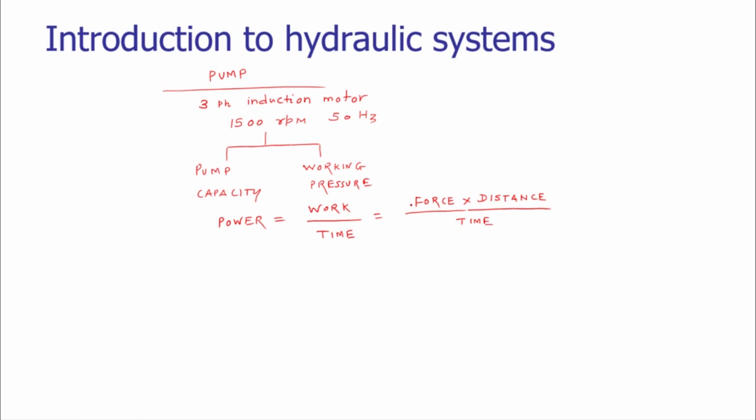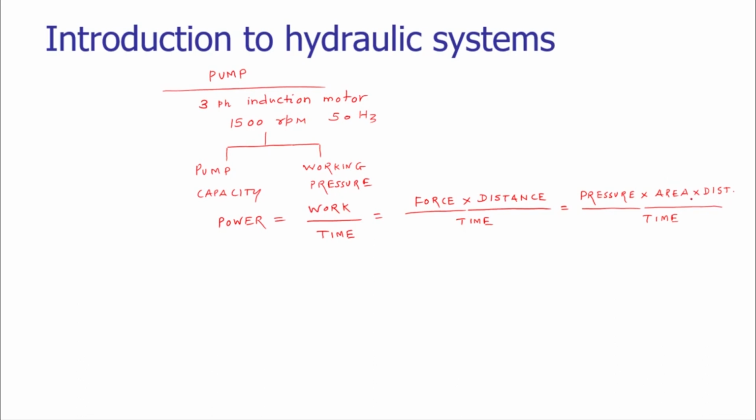Force, we know, is the product of pressure and area of application. Here I will just write: force is pressure into area, into the distance, divided by time. If you consider the area into the distance, it is nothing but the volume of the fluid that is getting displaced.